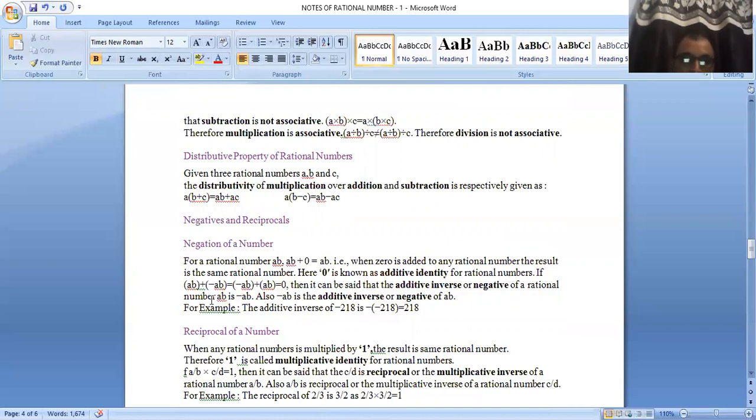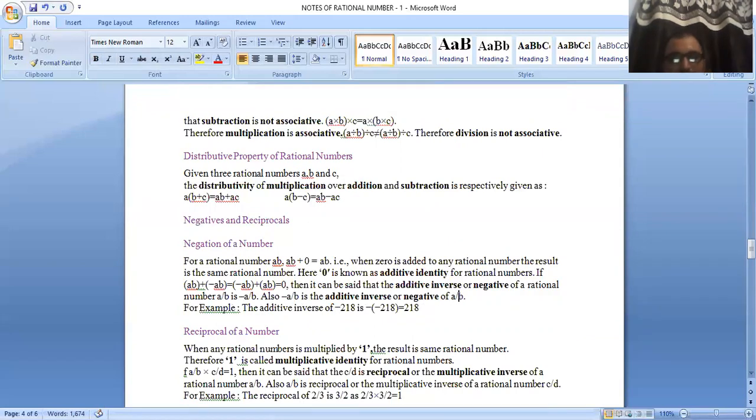If the number is a upon b, then its negative is minus a upon b. Also, minus a upon b is the additive inverse or negative of a upon b.